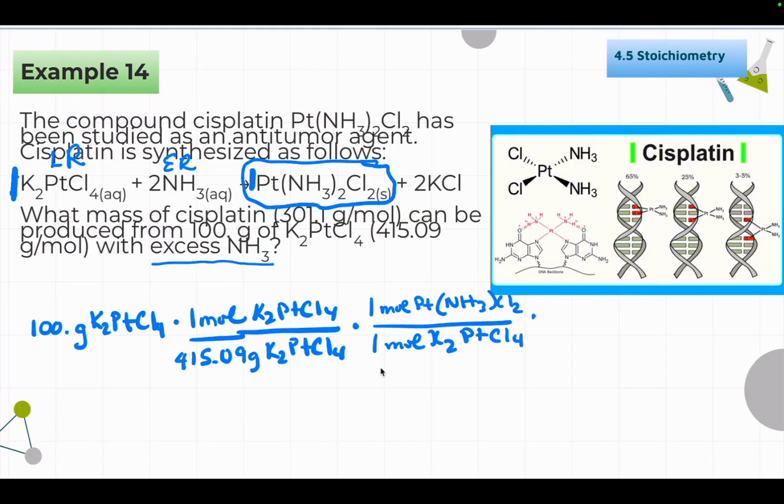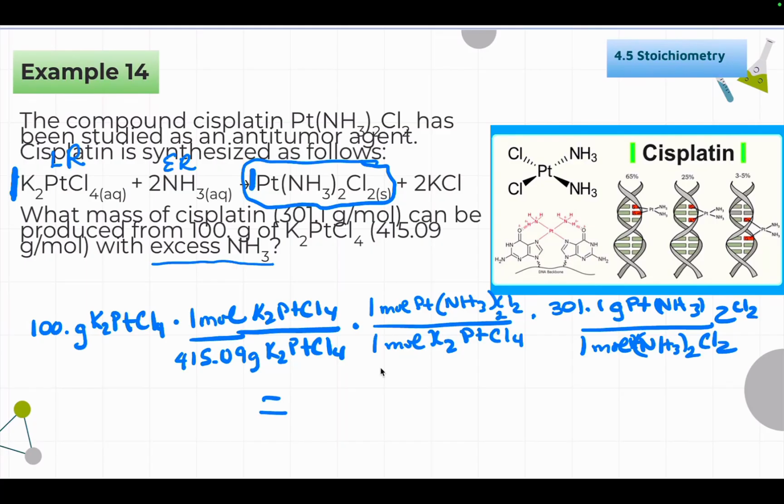And then lastly, we're figuring out how many grams of the cisplatin. The molar mass is given as 301.1 grams of the cisplatin. Oops, there's a 2 there. For every 1 mole. My writing's getting a little messy.